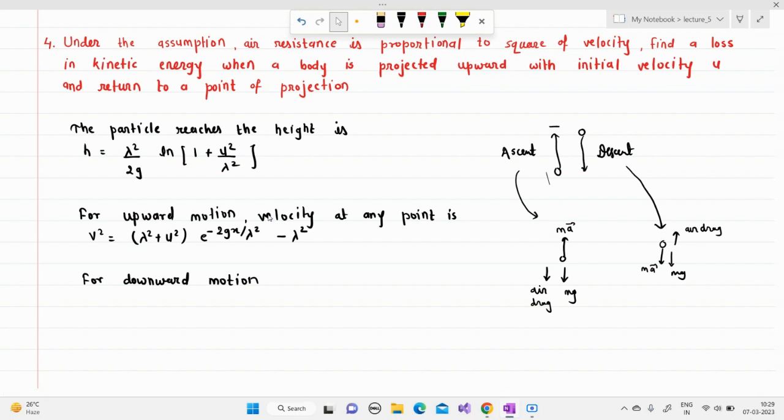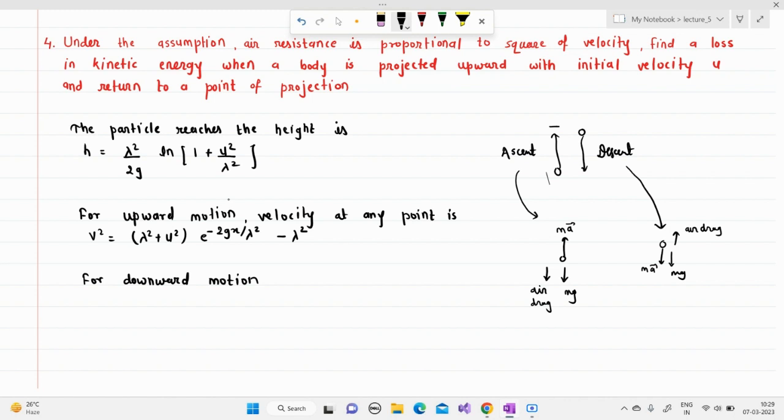The air resistance term is denoted by this lambda square, right? No, sorry, this term. So only the sign will get changed. The air resistance term will have opposite sign compared to the previous question.